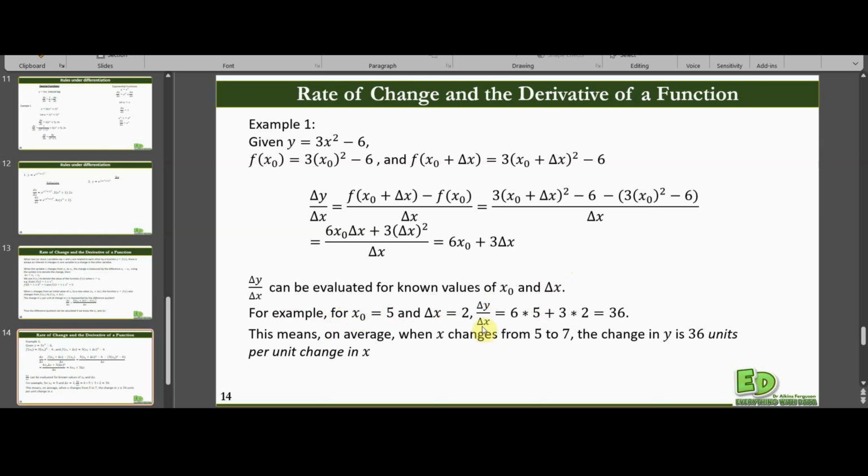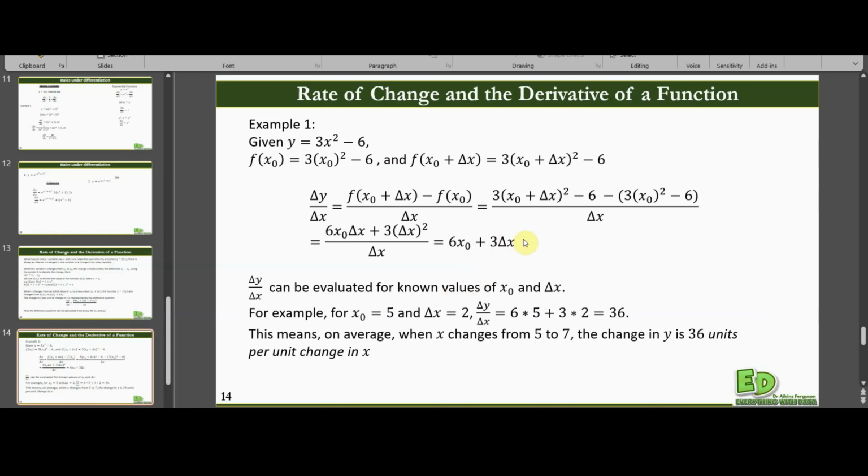we would say that the change in y over change in x is equal to 6 times 5 plus 3 times 2. So in place of this x₀ over here, we substitute 5, plus 3, then the change in x here is now 2.